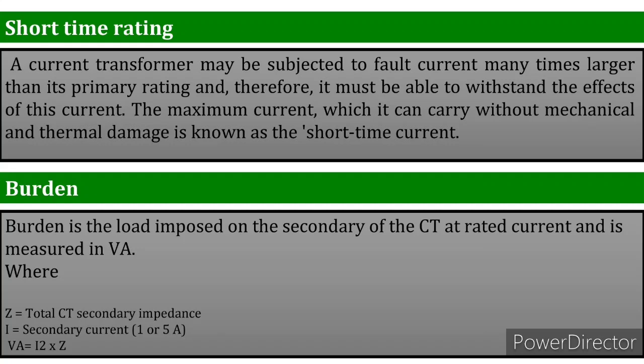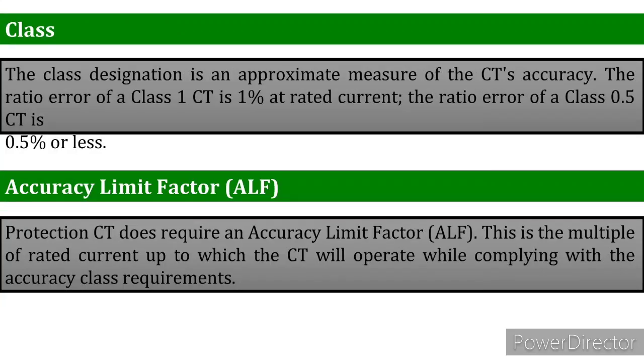The burden can be expressed in two ways. One way is as the total impedance in ohms of the circuit, or as the total volt-amperes and the power factor at a specified value of current or voltage.